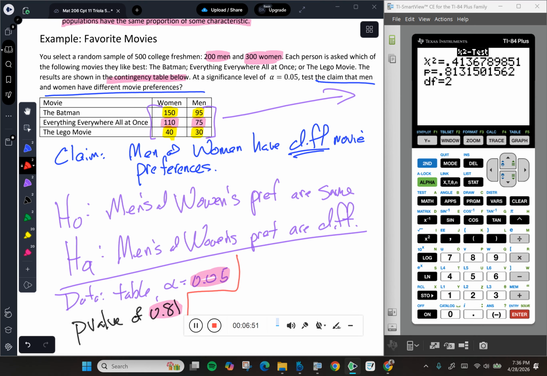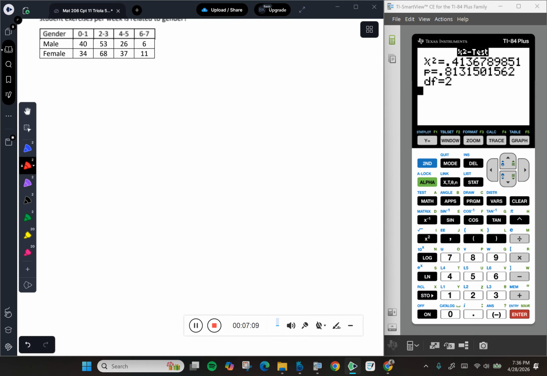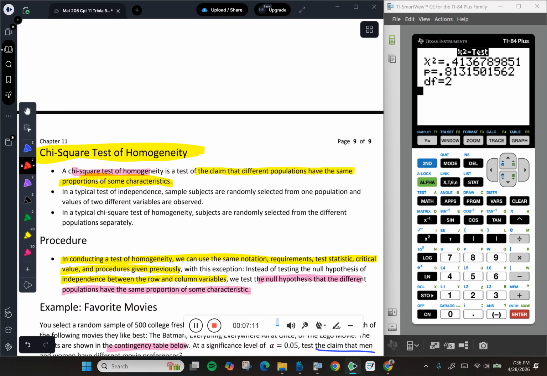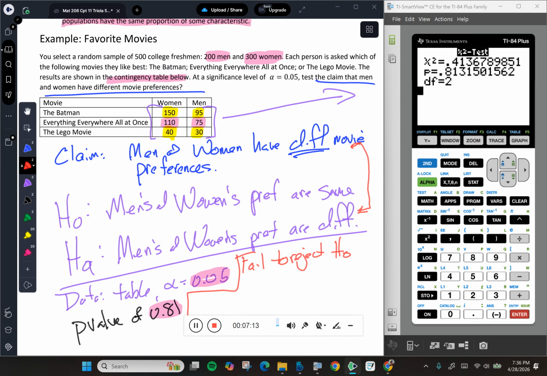That means that when p is greater than alpha, we fail to reject our null hypothesis. Now, what was the claim? Well, the claim was the alternate. So then we've got to say, what does that mean?